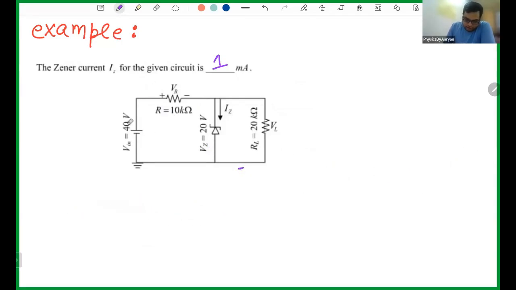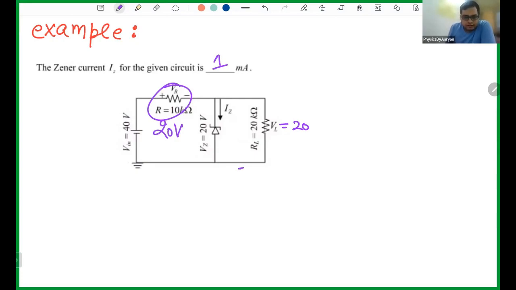So your total voltage is 40 volt, and your Zener voltage is 20 volt. If the voltage across the Zener is 20, then the voltage across the load is also 20, because both of them are in parallel. Out of 40, 20 goes to the Zener and 20 goes to the series resistance, so the voltage across the series resistance is 20 volt.